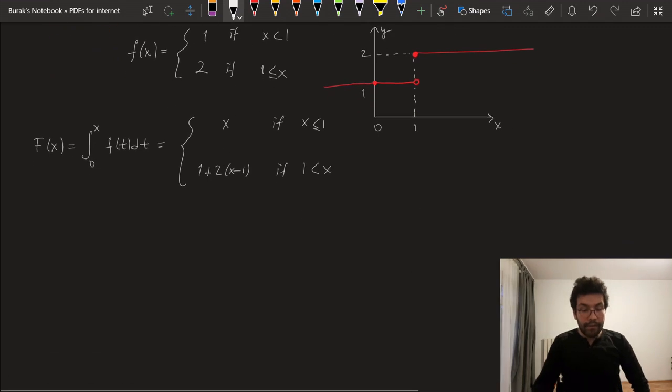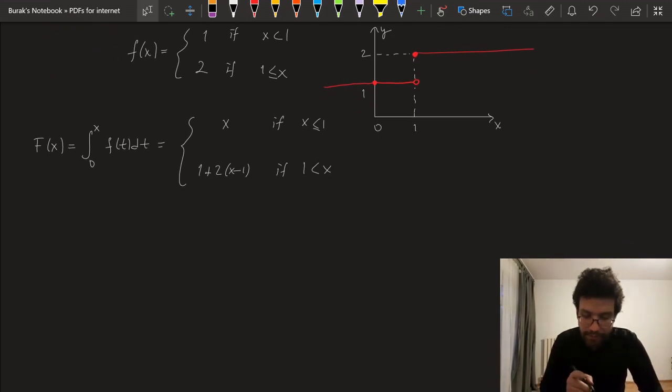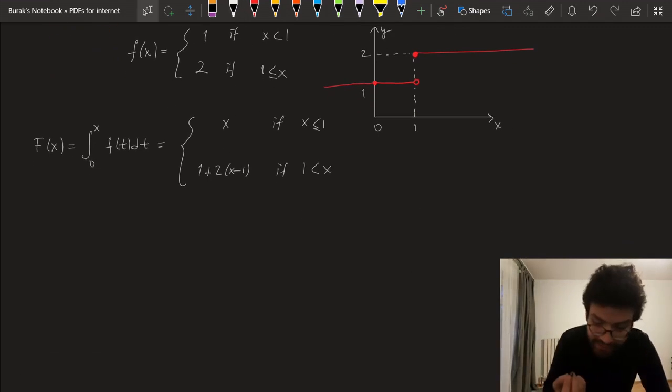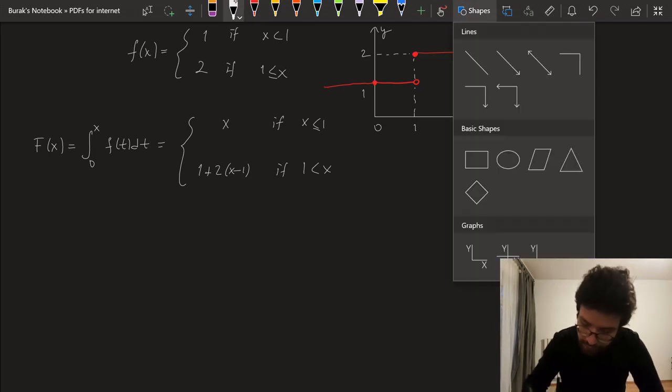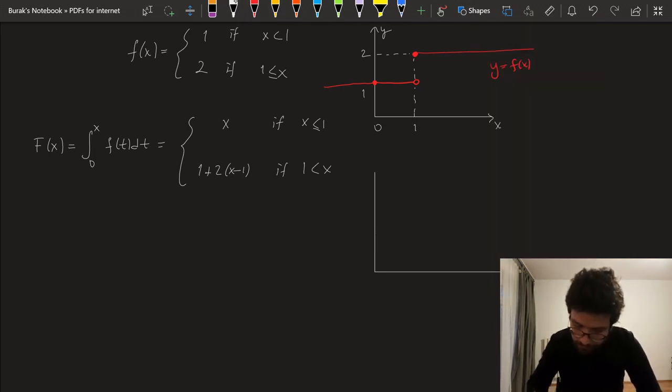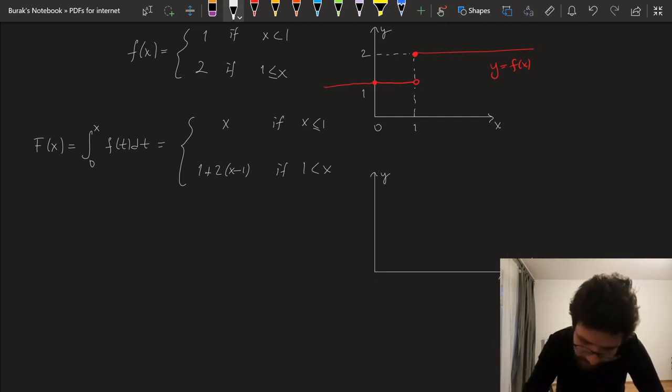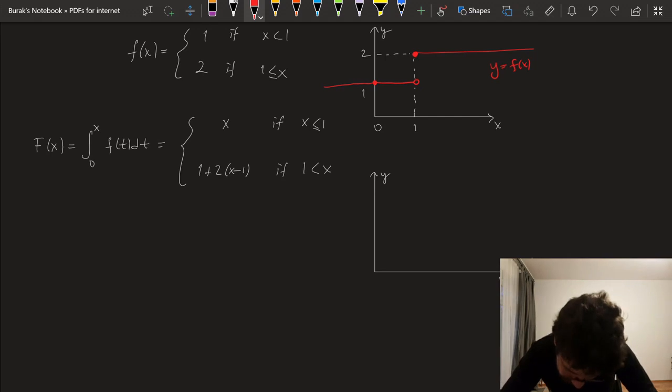Okay. Now, as you can see, you can easily see that when you plot the graph of this function, this is y equals f of x. And let me also plot this one. This function looks like this.